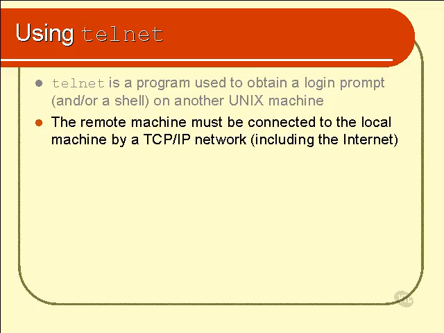So I would be typically using one computer, maybe logged into one Unix computer, and then I wish to obtain a shell, or at least a login prompt which will then give me a shell, on another Unix computer. And both those two Unix computers must be connected to each other via a network, specifically via a TCP/IP network.